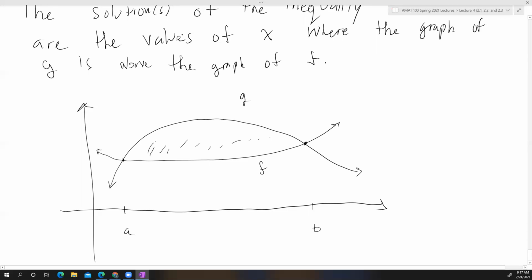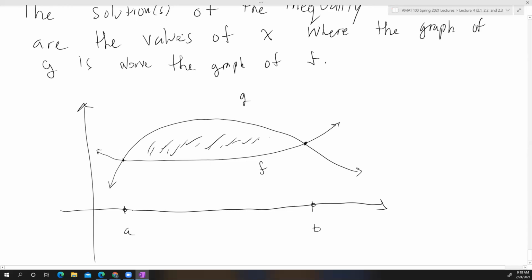So if we project down onto the x-axis, that'll tell us the interval, the solution set to this inequality. So they equal each other, g and f equal each other at x equals a and x equals b, so we don't want to include those. So we will write a circle here that is not filled in.